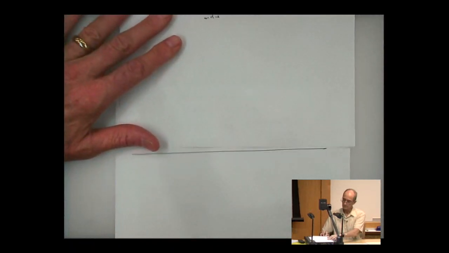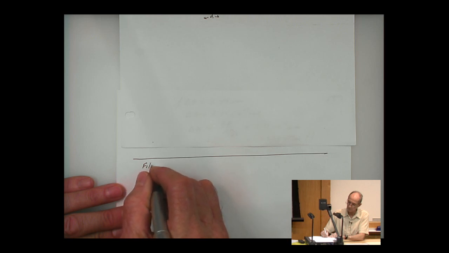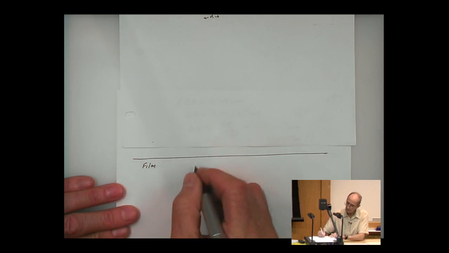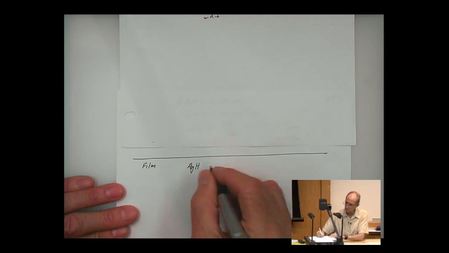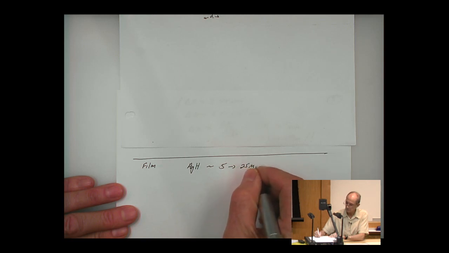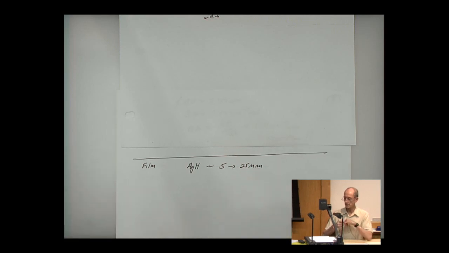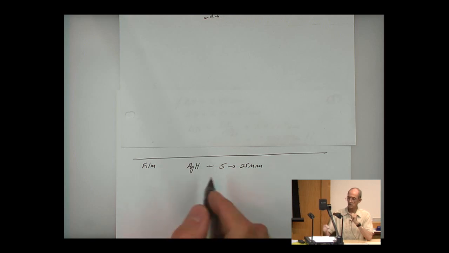All right. So in this film, we'll look at some film or recording material properties. The silver halide crystals could be very small, again, 5 to 25 nanometers. Okay, the larger silver halide crystals are faster than the smaller ones.